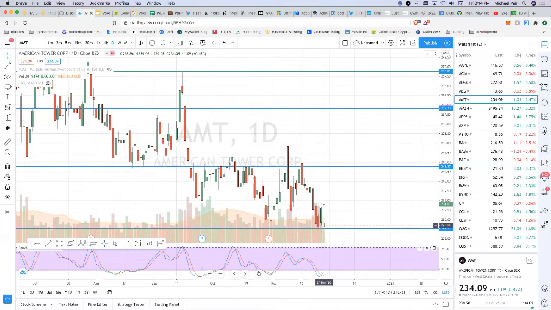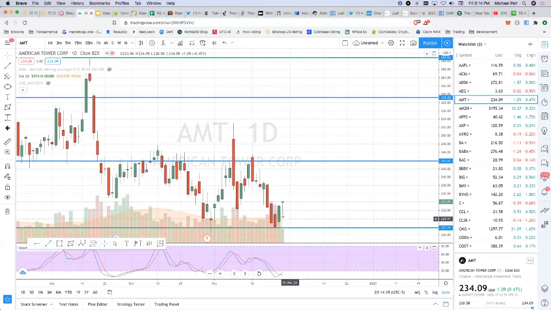Oh no, that's actually 26 is the 25th. I don't know why it's at 26. Oh, I guess that would have been Thursday, right? So I could have bought today, and actually it got as low as this 230 or this 229. But this is definitely a buy point.